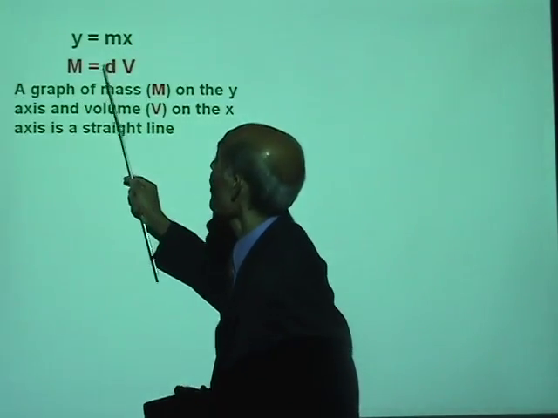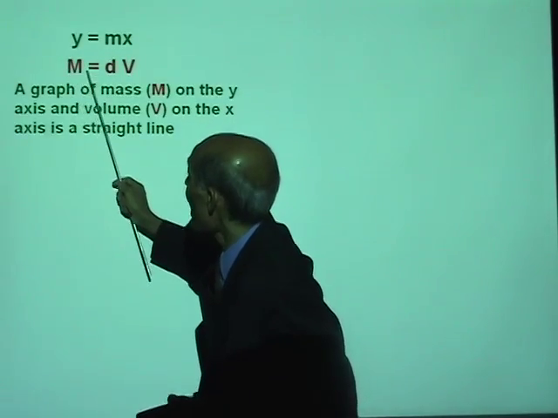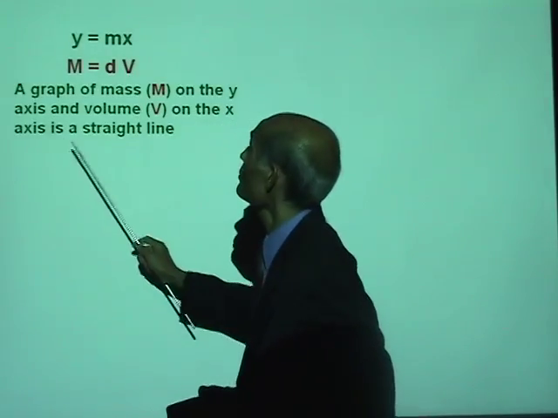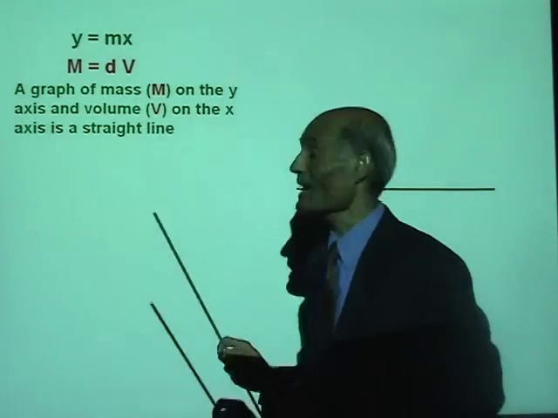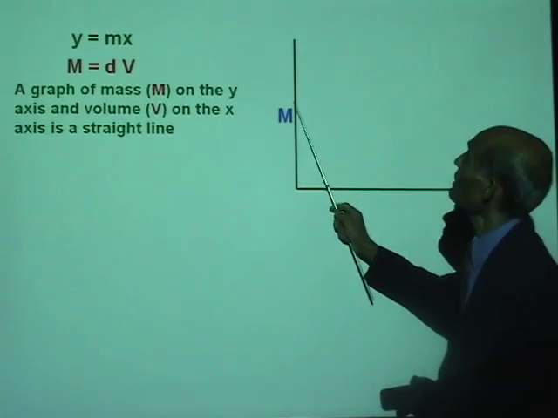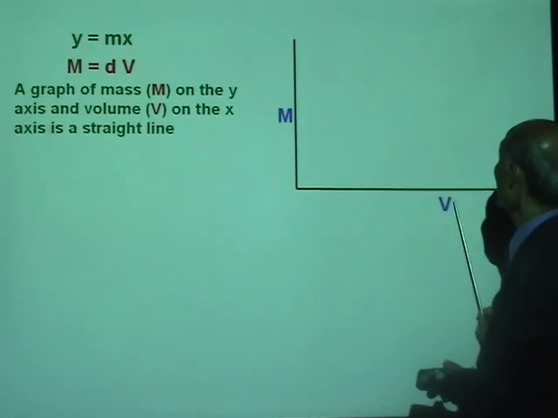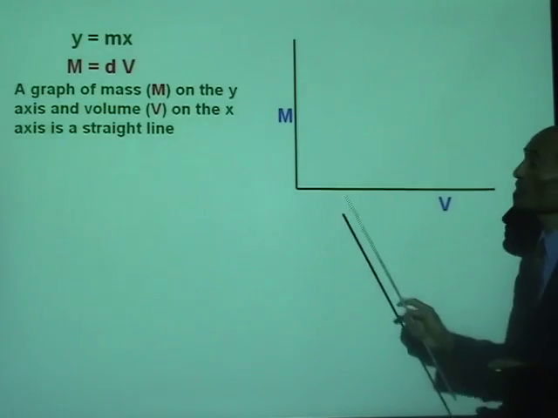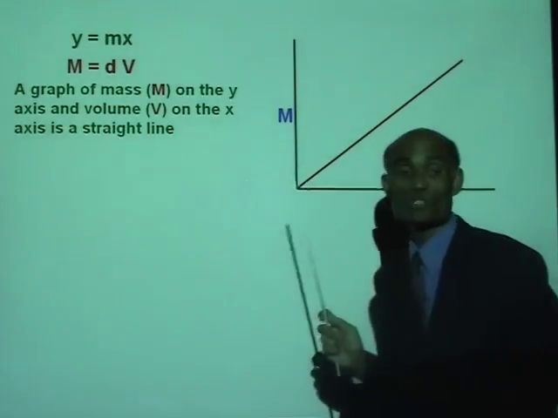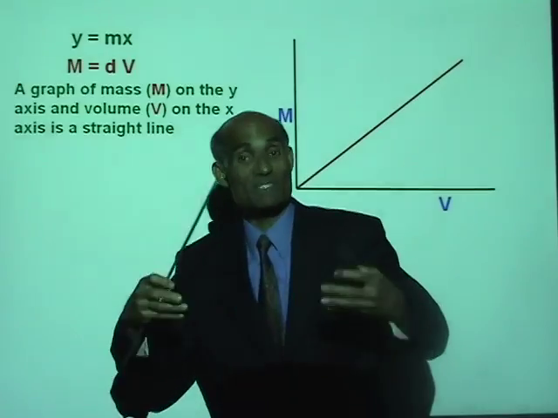So when you draw a graph of mass on the y-axis and volume on the x-axis, you will get a straight line. Like this, if you got mass in kilograms on the y-axis and volume on the x-axis, you will get a straight line. If you measure the slope of this graph, you will get the density of the substance.